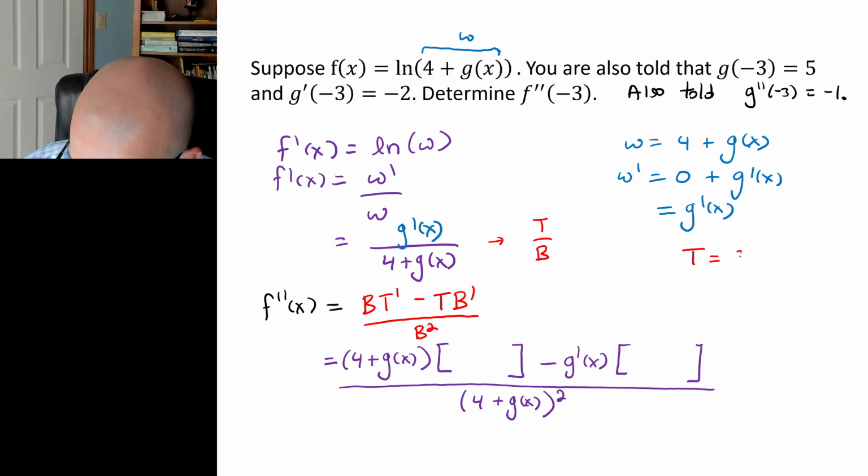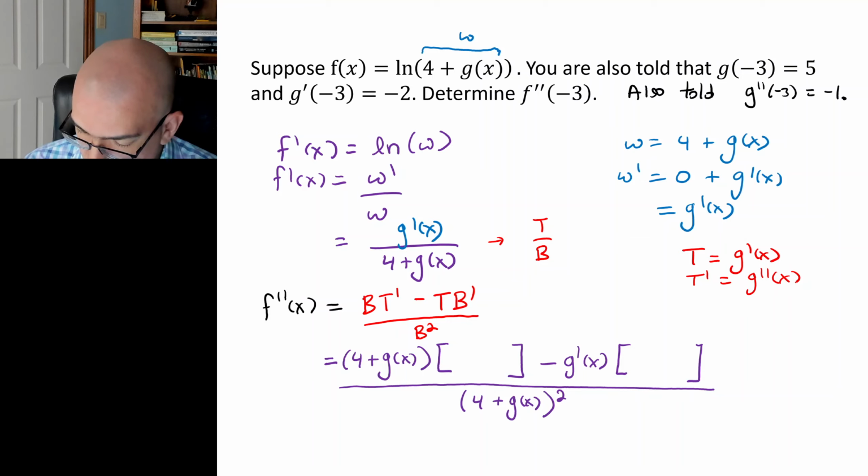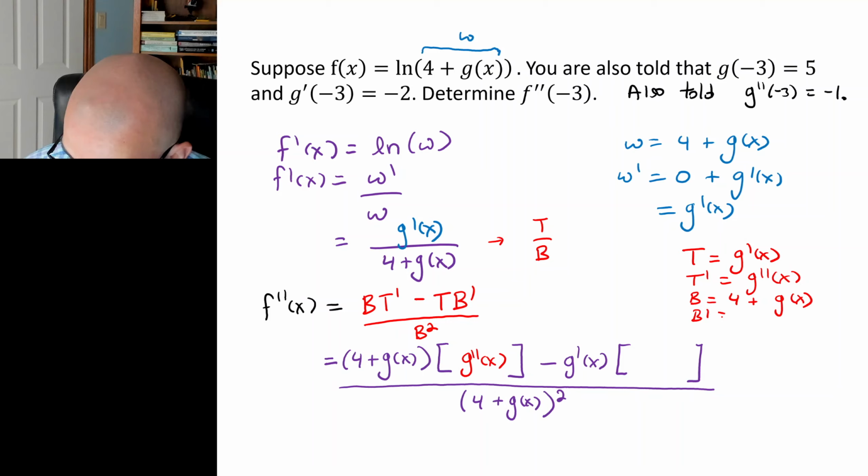T is equal to g prime of x, so t prime is the derivative of g prime, which is g double prime of x. And then b is 4 plus g of x. B prime is going to be 0 plus g prime of x, which is just g prime of x.